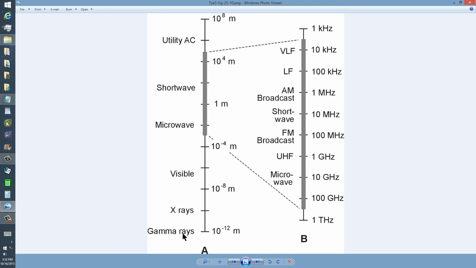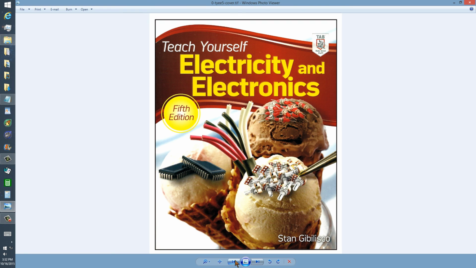The whole gamut is electromagnetic in nature, an electromagnetic field. To discuss what that is is an entirely different subject matter, which you will also find, however, in this book, Teach Yourself Electricity and Electronics, edition number 5.